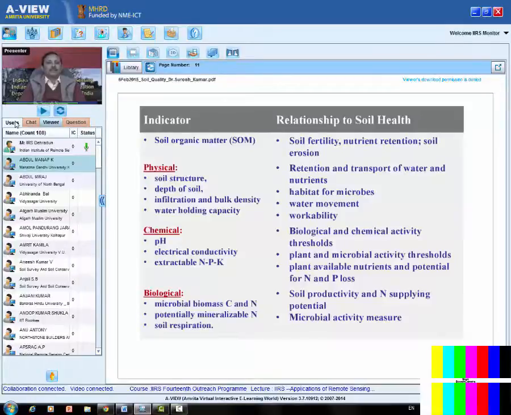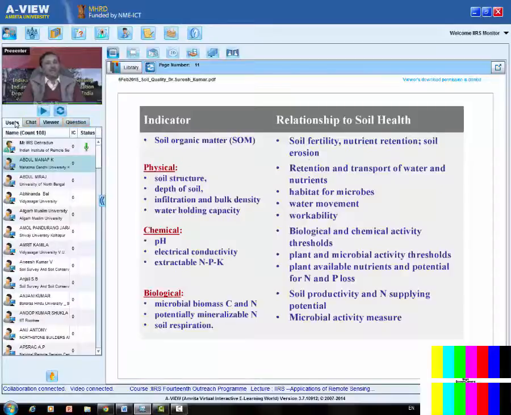What are the indicators then? Among the indicators published in the literature, the most important indicator is soil organic matter. Soil organic matter is related with soil fertility, with the nutrients present in the soil, and it is also related to soil erosion.